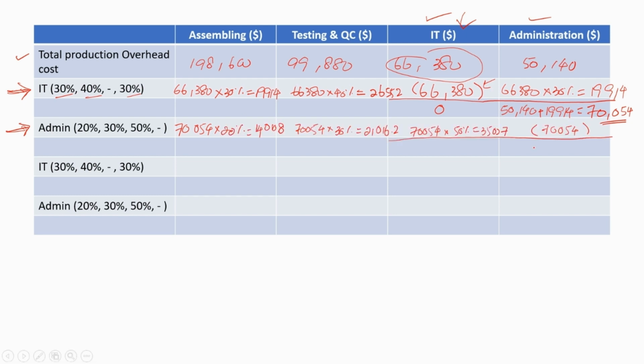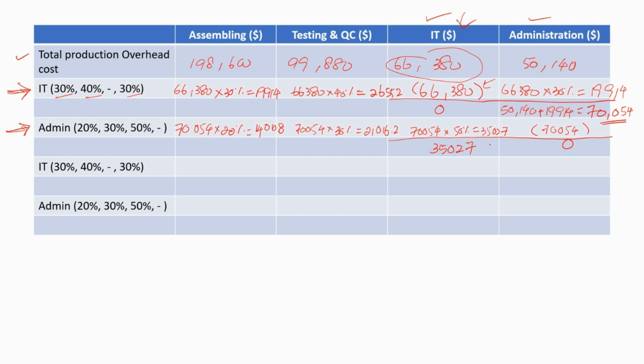These are the values for the administration service cost center after being distributed among the other cost centers. This is equal to 0. Now you can see there is again a value under IT, which is $35,027.